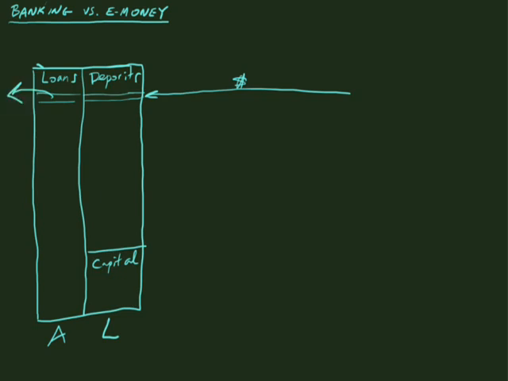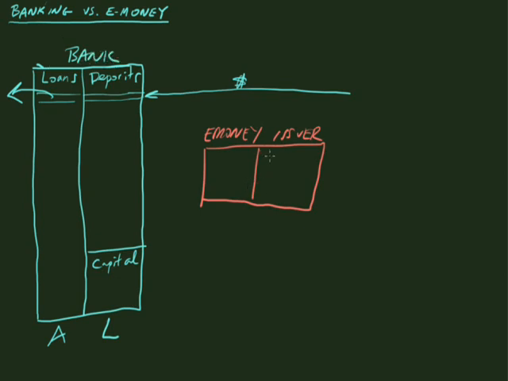How does this change when there's an e-money issuer involved? We can represent the e-money issuer as a separate player with its own balance sheet. This is the e-money issuer, which is distinct from the bank here.